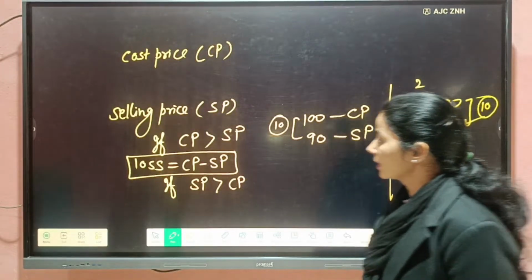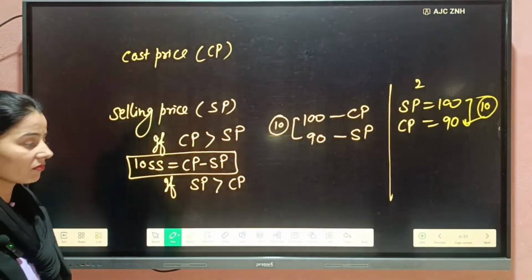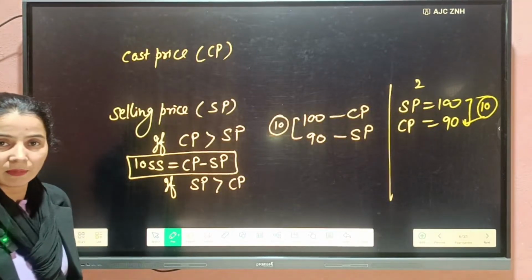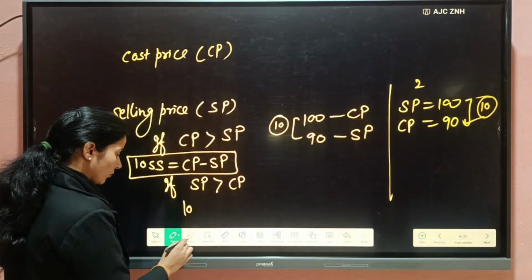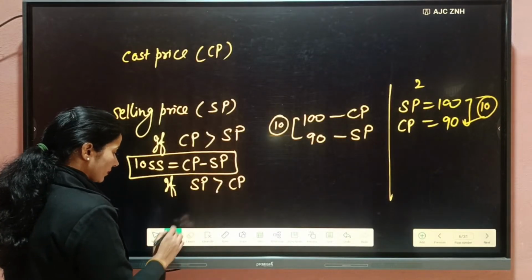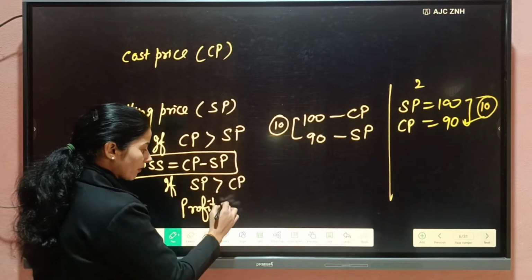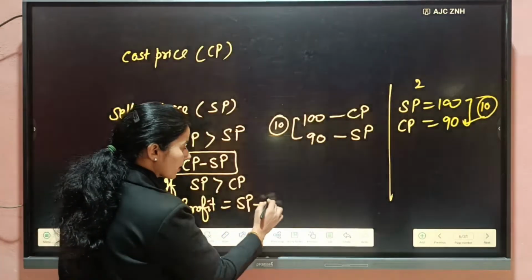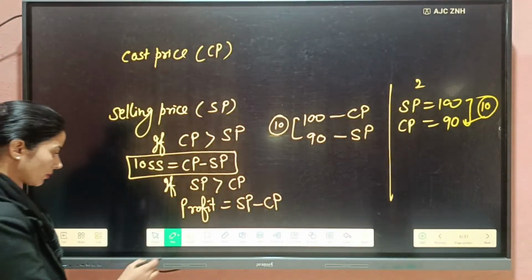So how we can find out when our SP is greater than CP? When our selling price is greater than our cost price, then we will gain, means profit. And profit we can find out as selling price minus cost price.